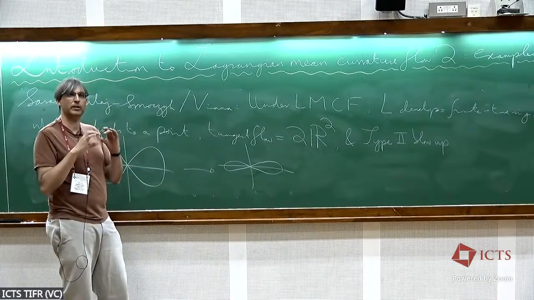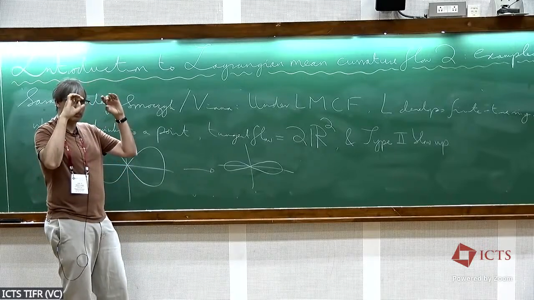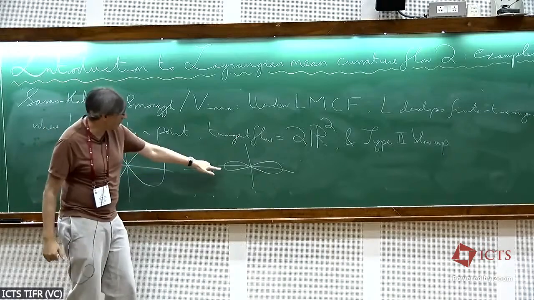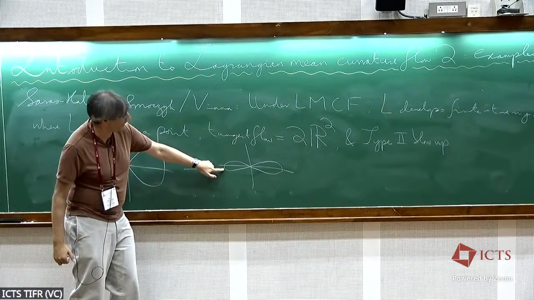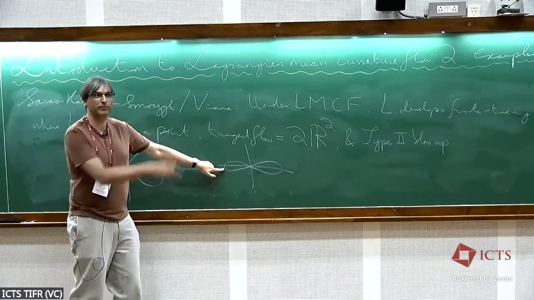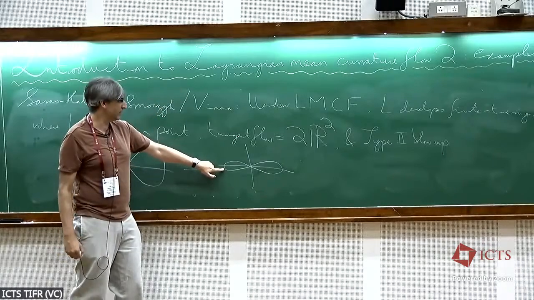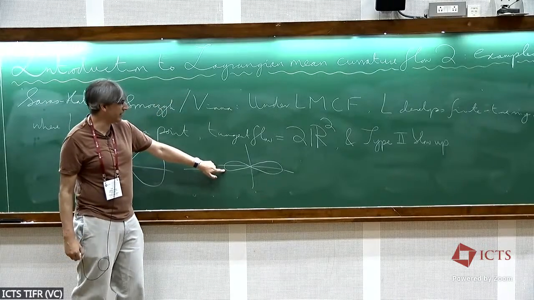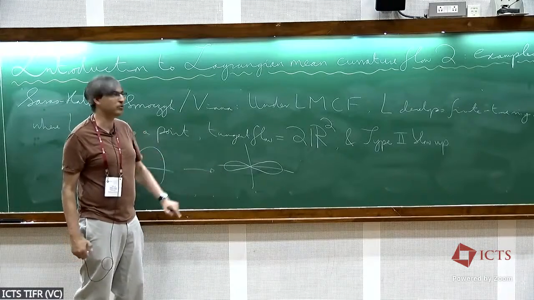It's not going to self-similarly shrink. It's going to get thinner top, bottom, and then shoot in. And if you look here, that looks a little bit like the Grim Reaper curve that I drew over there. Right? So it's not completely unbelievable to say that that should be the type 2 blow-up. And indeed it is.